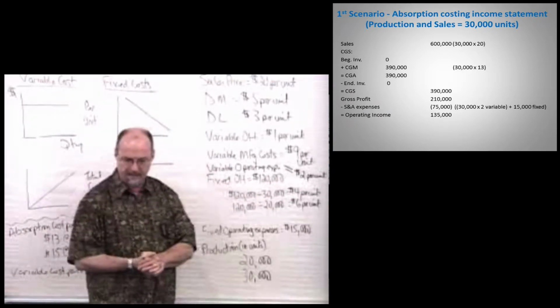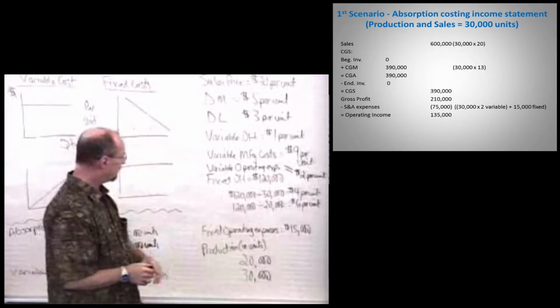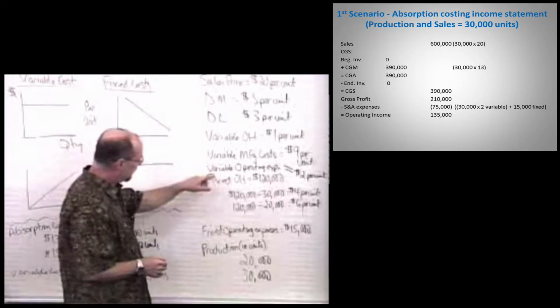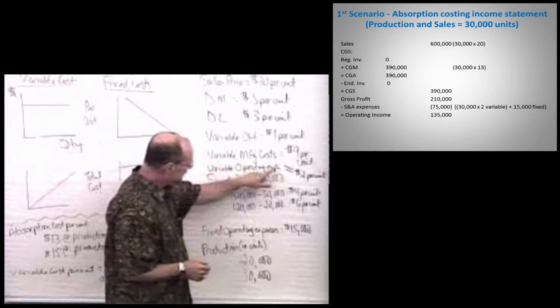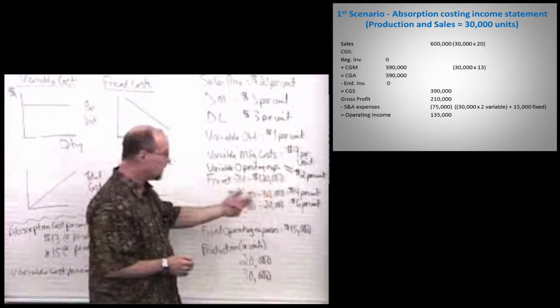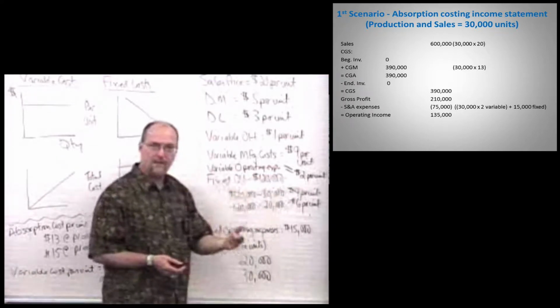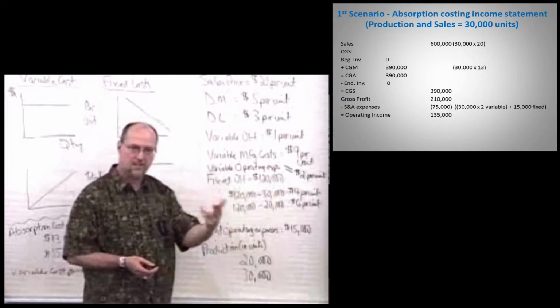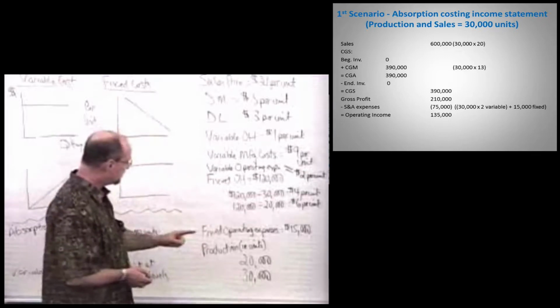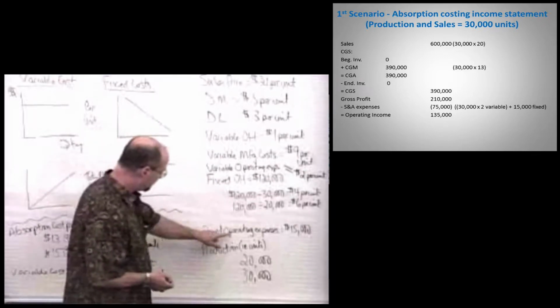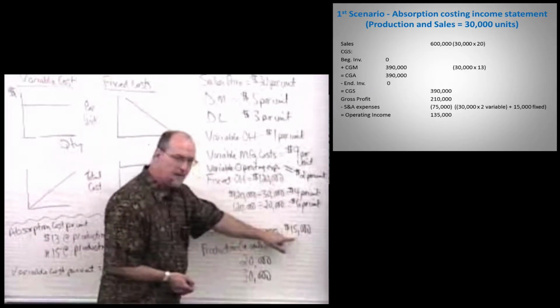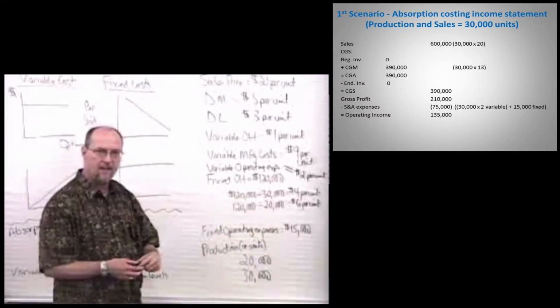How do we come up with that? Well, we sold 30,000 units, and I put on the board here my variable operating expenses, which would probably be selling expenses, commissions perhaps, is $2 per unit. We sold 30,000 units, so 30,000 times 2 is 60,000, plus my fixed operating expenses of 15,000. That's 75,000.